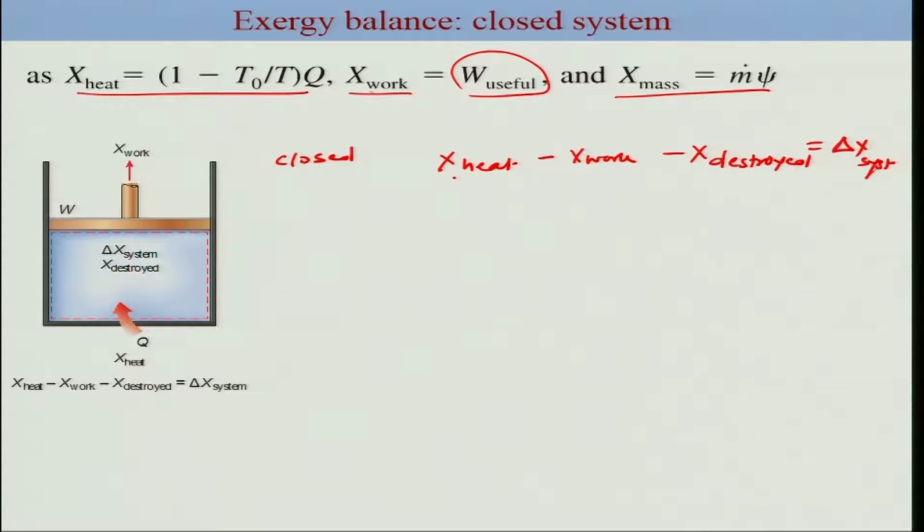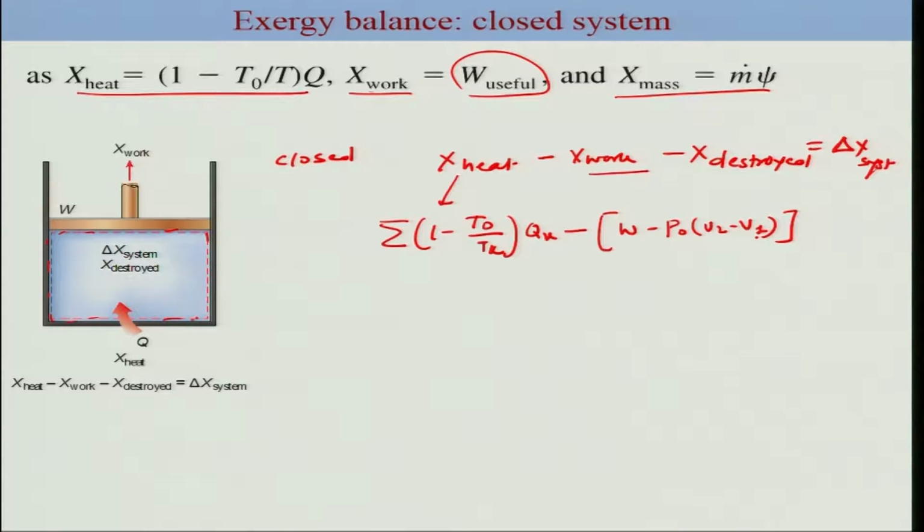So, we can further expand this and write exergy in terms of 1 minus T0 by Tk, just the way we have done for entropy balances, where K means the different element of the boundary where the heat is being transferred, and this would be simply your work minus, if there is any possible boundary work involved, that will be the X of work, minus X destroyed, which is nothing but T0 S generation. This would be your delta X system, which is X2 minus X1.